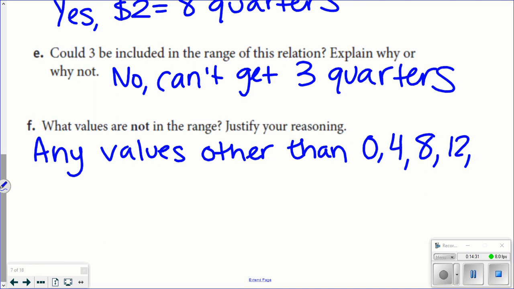Then 12 quarters, 16 quarters, and lastly, 20 quarters. So any values other than these numbers are not in your range, are not an output. Right? Multiples of 4. And we had to stop at 20 because that's $5.